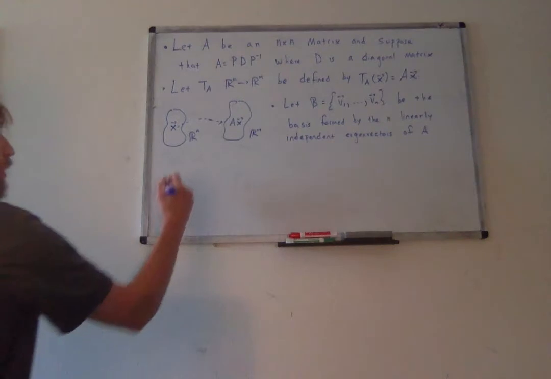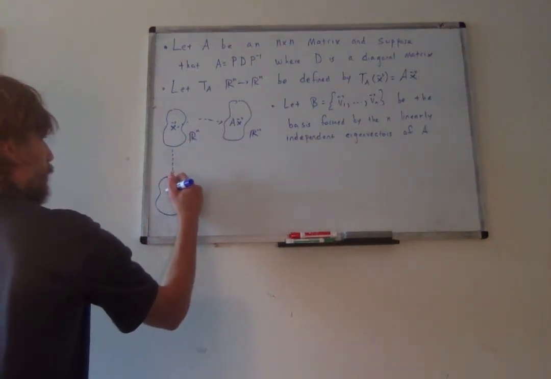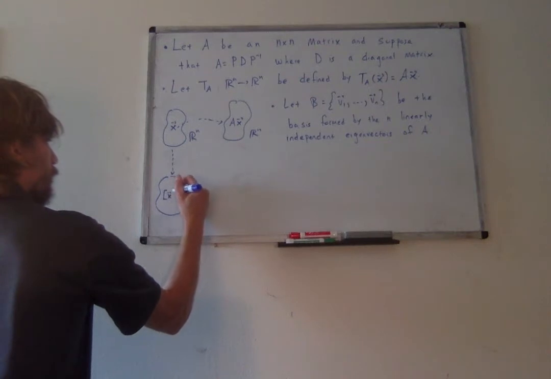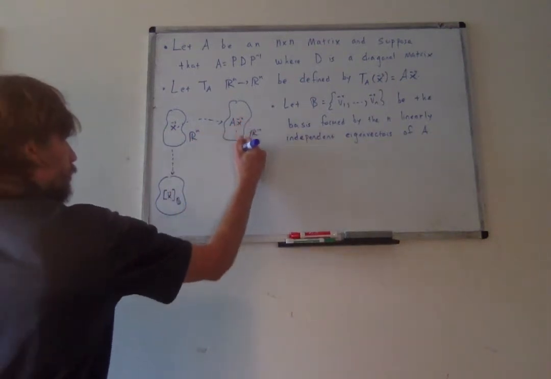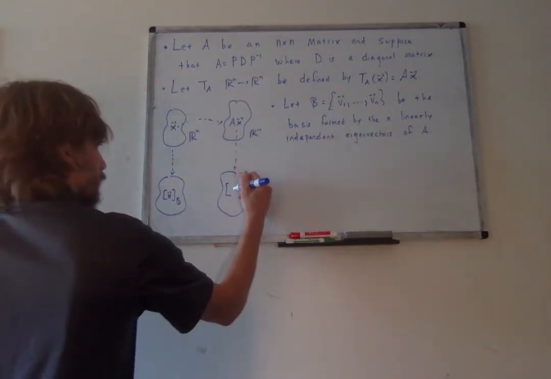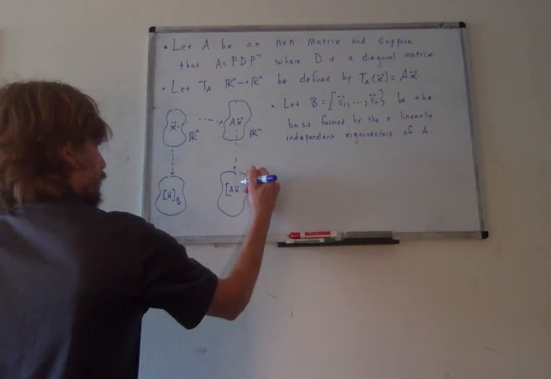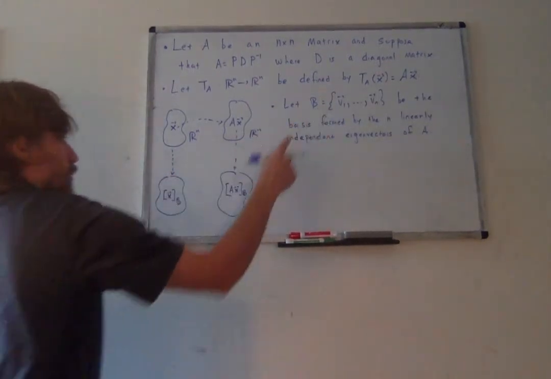And so I can actually do the same thing that I've been doing, where maybe instead of looking at this transformation under the standard basis representation of these vectors, I can use the basis representation defined by this basis B, right?